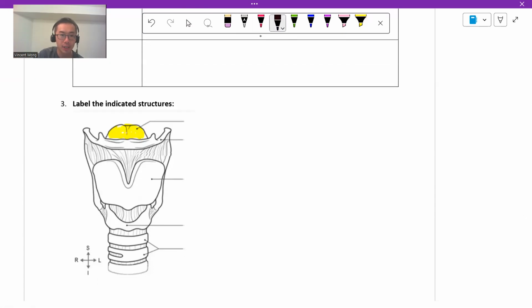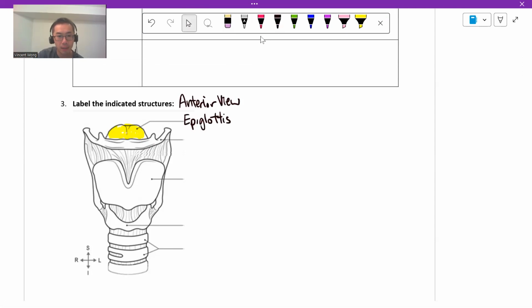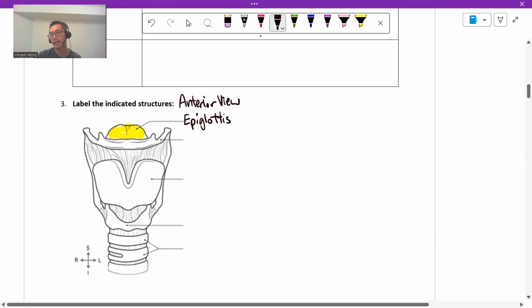This is anterior view. At the top here, we have the epiglottis. And again, in case you forgot what it does, it covers up the glottis when you are swallowing, so the food's not gonna go down to the airway.